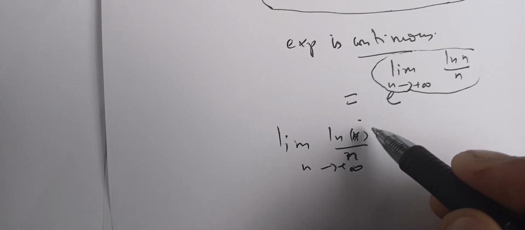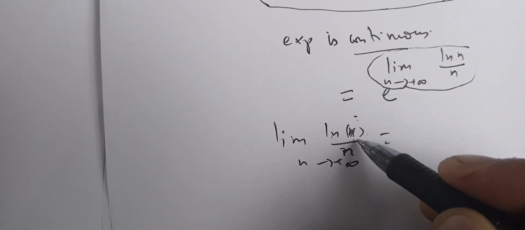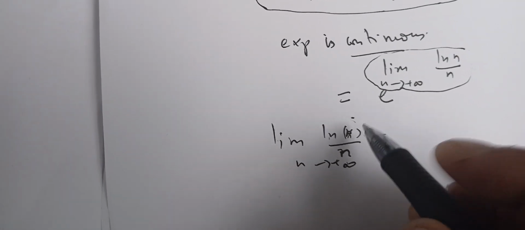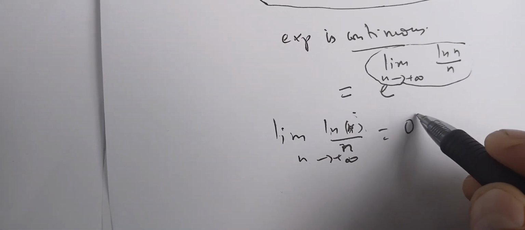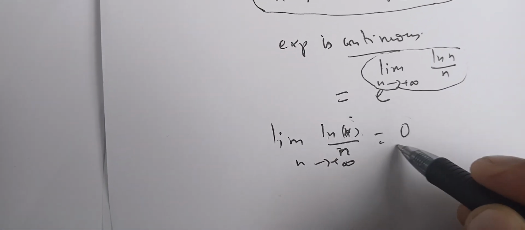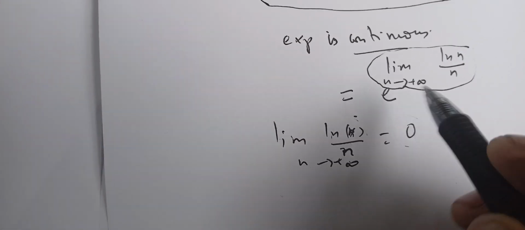What does it mean here? We think of this one as the power winning, so we think of this as the limit of 1 over n. So it's 0.